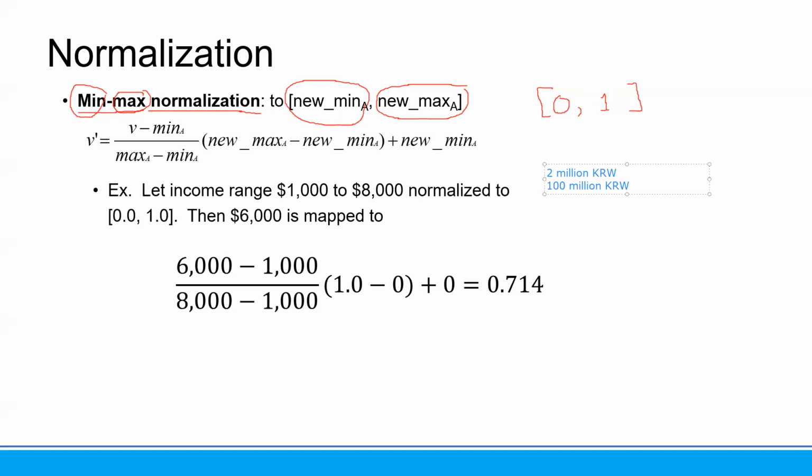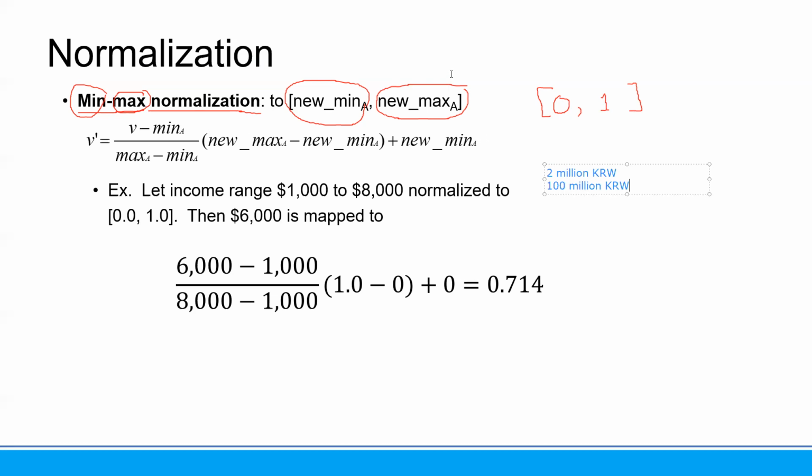So it's a totally different value. In order to fit the analysis, we can normalize. The normalization is usually between 0 and 1, or you can determine the value. Maybe 0 to 10, that's also fine.